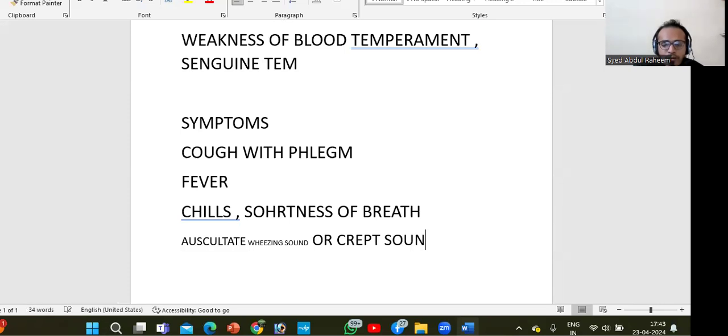If you keep the stethoscope on the lungs and auscultate, you will hear the crepitation sounds.